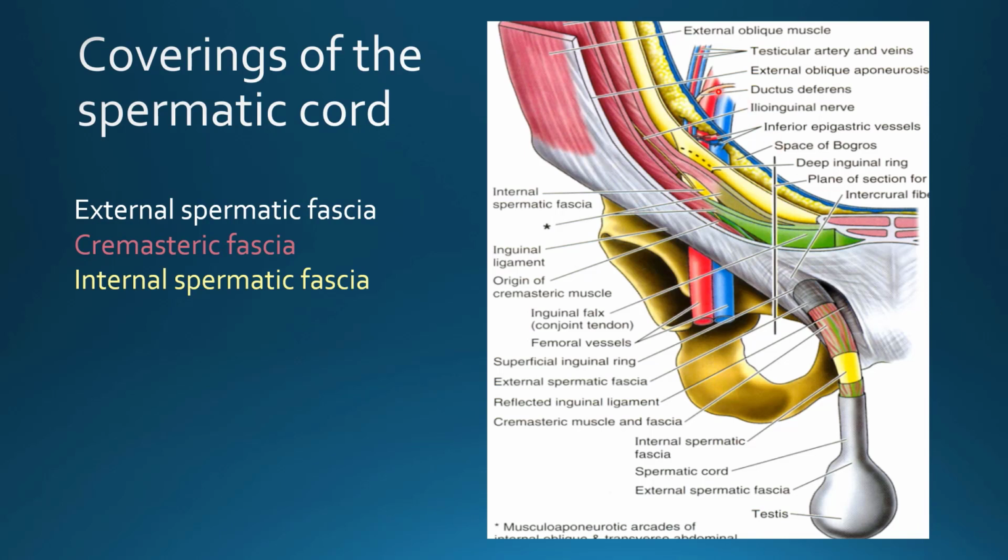So when contents of the spermatic cord are passing out through the inguinal canal, they will be ensheathed by the fascias of the muscles. So the white colored one here and here you can see external spermatic fascia. Here and here you can see cremasteric fascia, and here the innermost internal spermatic fascia. So inside to these fascia we find contents of spermatic cord. Then what are the contents of spermatic cord?